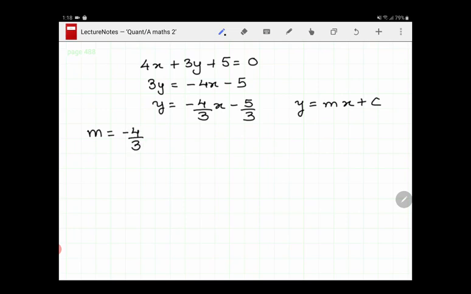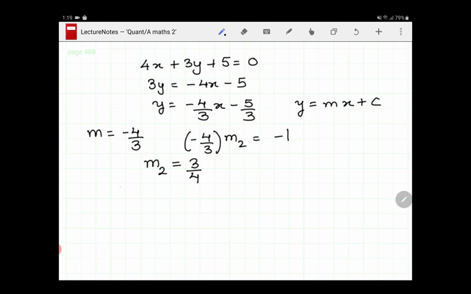Once I get the slope minus 4 by 3, we know that when two lines are perpendicular, the product of their slopes is minus 1. So minus 4 by 3 into the second slope should give me minus 1. Solving this, the slope of the perpendicular line will be equal to 3 by 4. So once I know this, I know that the line is passing through (a, 2a) and (minus 2, 3).